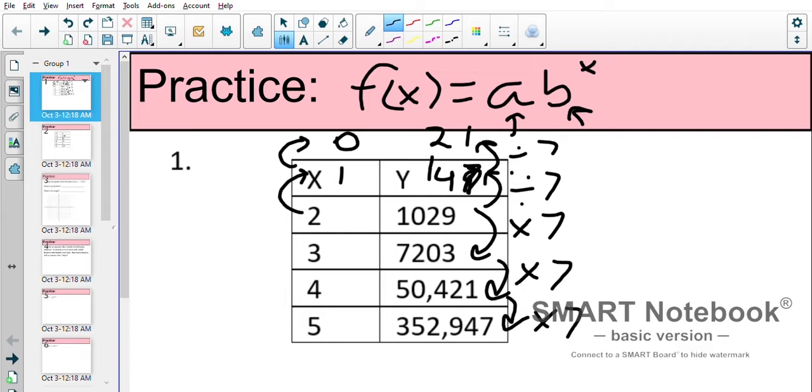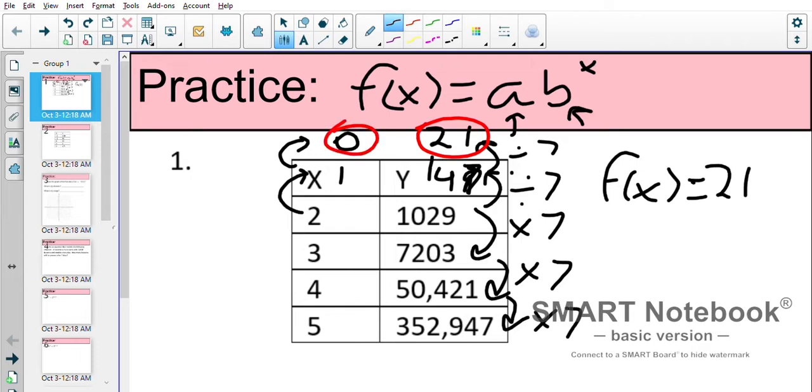All right, so that gives me f of x equals, and I now have my y-intercept right here because my x value is 0, goes along with that. So we get 21 times our multiple, which is 7. We saw that at the beginning. So times 7 to the power of x. There we go. There is our first equation.